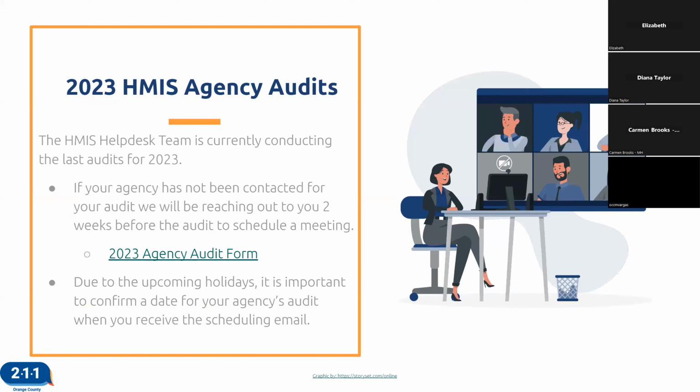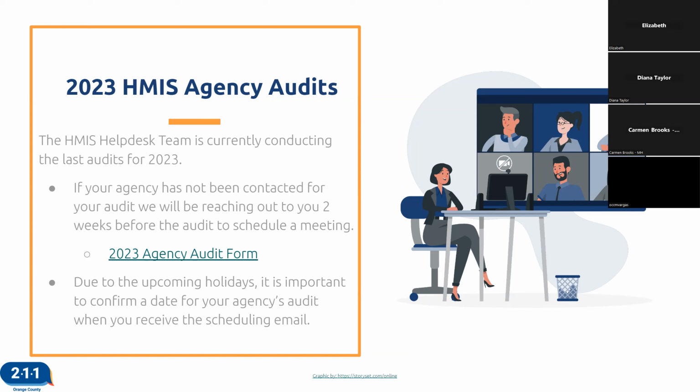Diana? Okay, and as far as the 2023 HMIS agency audits, we are in the last phase of audits for this year, so thank you to all the agencies that have already participated and provided feedback. We've had a lot of great interactions with agencies and feedback on things that you would like to see from us. So thank you so much for that.